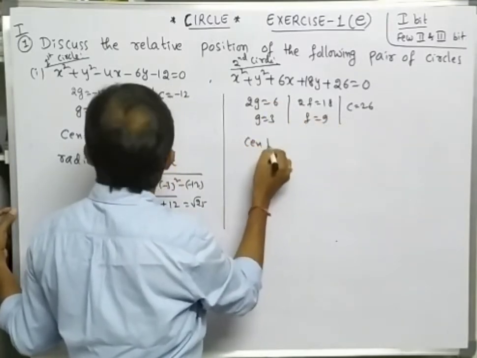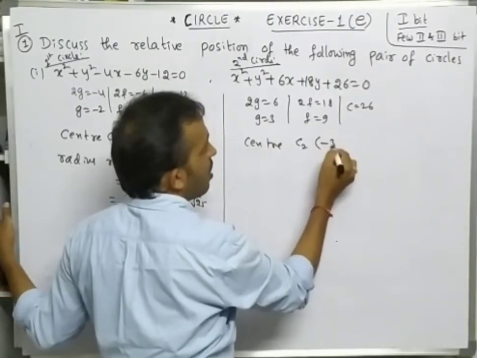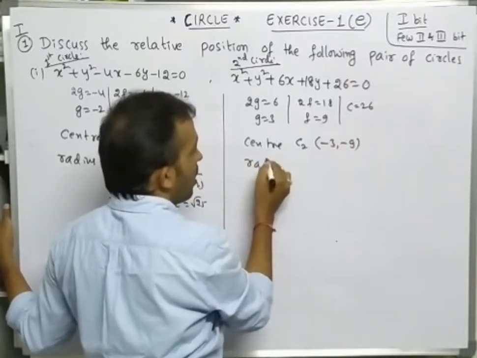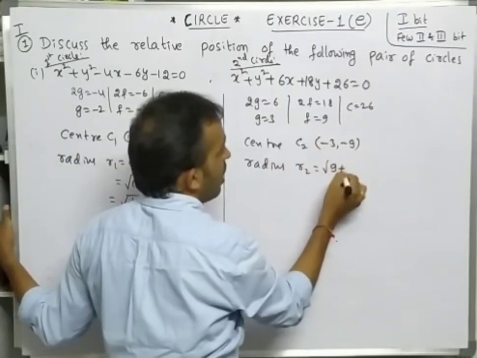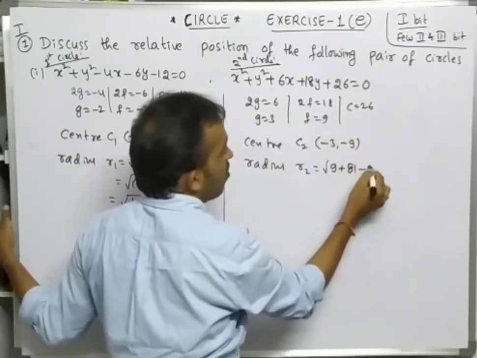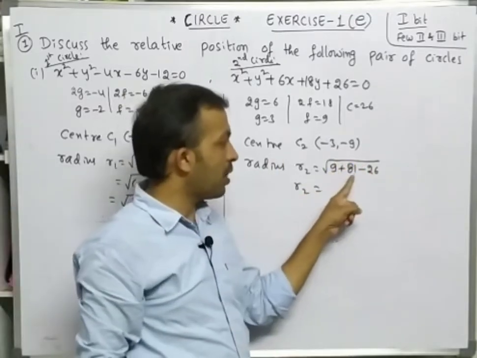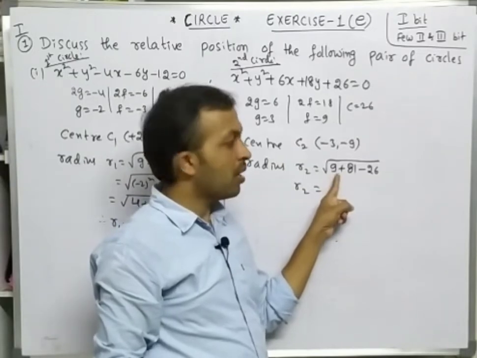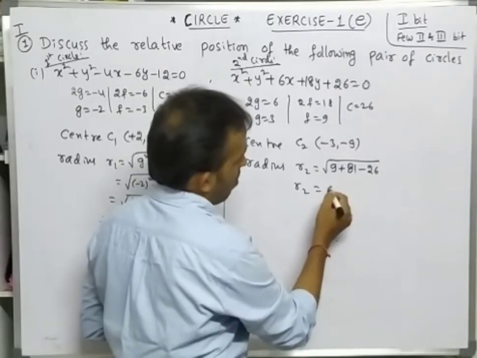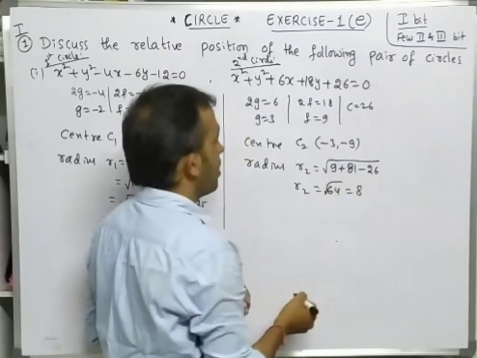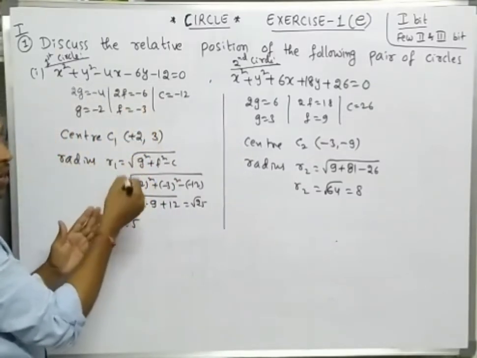Next, center c2 is minus g comma minus f, that is minus 3 comma minus 9, and radius r2 is equal to under root of g square 9, f square 81, minus 26. So 81 plus 9 is 90, 90 minus 26 is 64, root 64 is 8. So now we have the center and radius of the first and second circles.